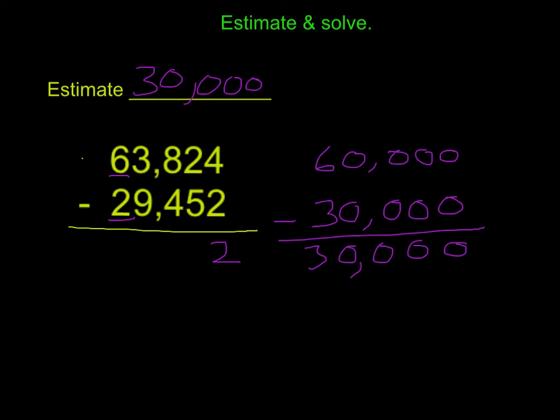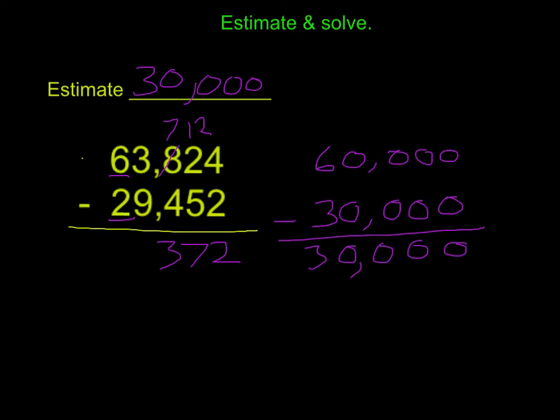We're going to cross off the 8. The 8 then becomes a 7. Our 2 then becomes a 12. 12 subtract 5 is 7. And 7 subtract 4 is 3.